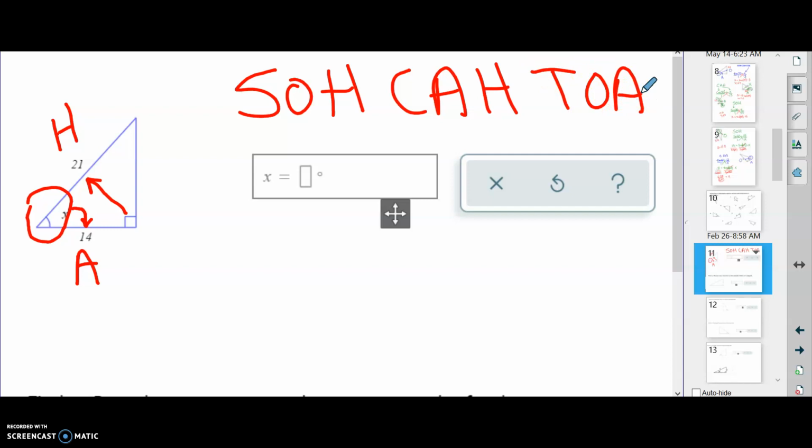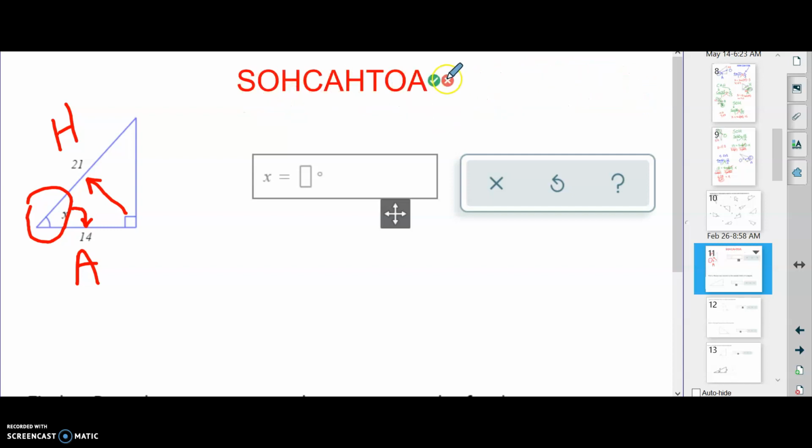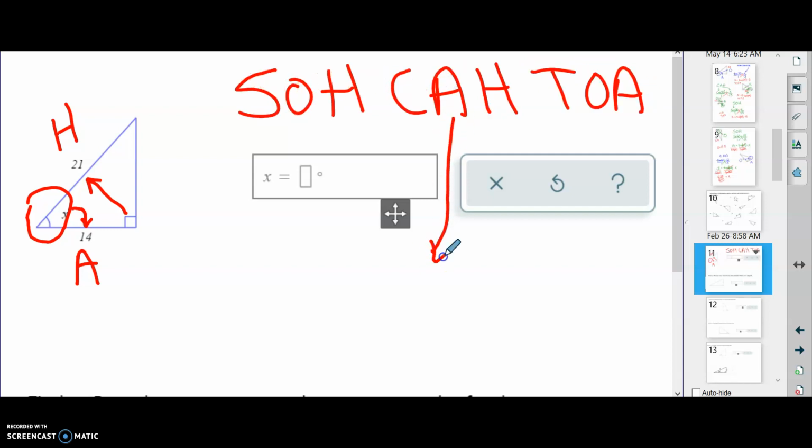I've got the A and the H, so that means I'm going to use cosine. So I write down cosine, and then the angle, x, and then the A comes first, so my 14 will go first, and then the H comes second, so my 21 will go second.